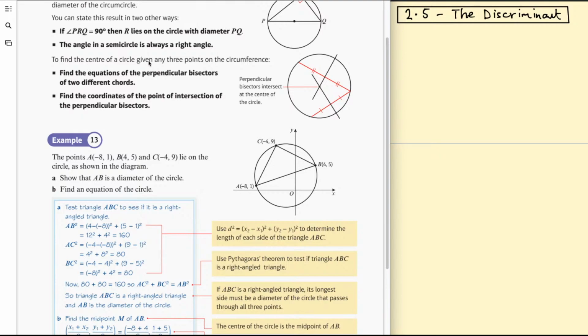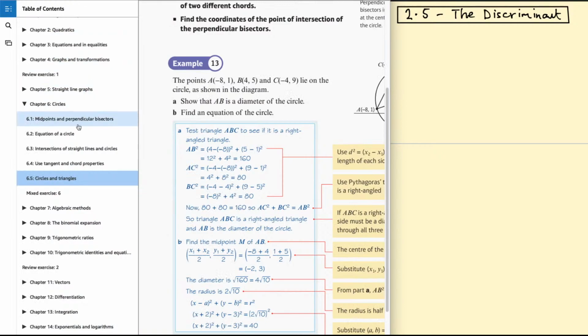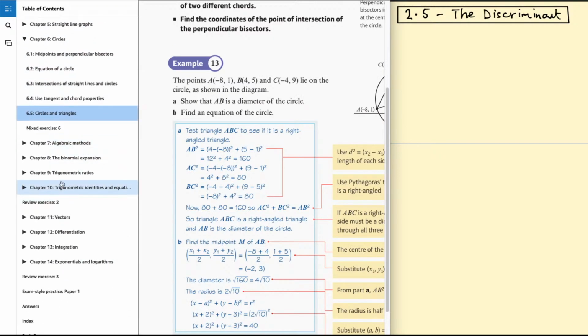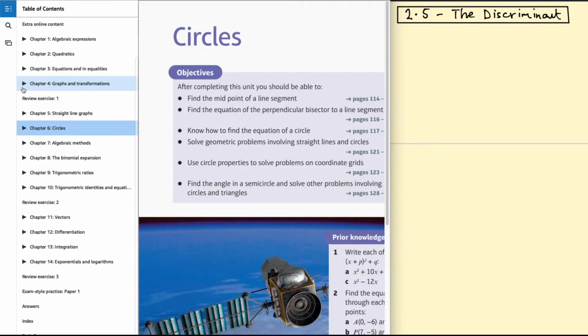You can find the center of a circle given any 3 points on the circumference. That looks like fun. What else? So that's all that I can see in this first year topic.